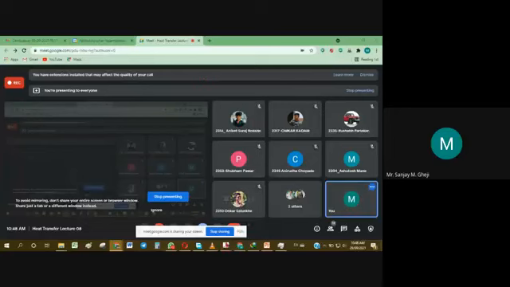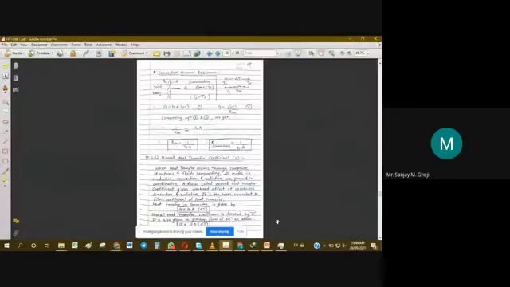Then we discussed many cases of thermal resistance. First, we saw the conductive thermal resistance. In that, we again covered three cases, these three standard cases: conduction through a plain wall, conduction through a hollow cylinder, and conduction through a hollow sphere.